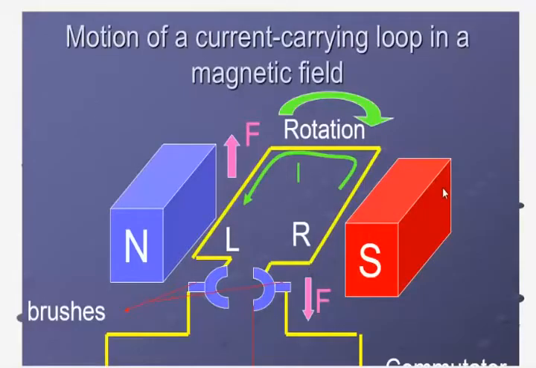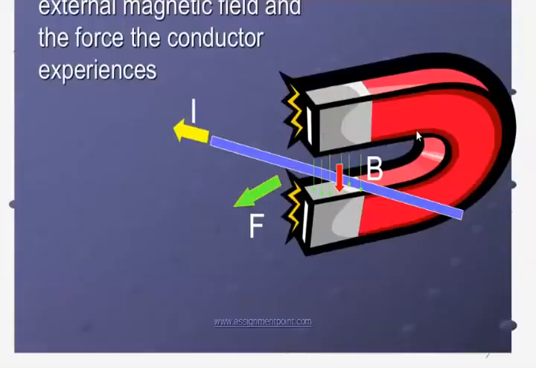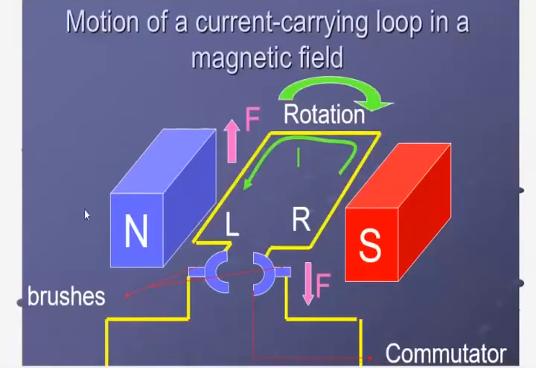Now come to the next point: how an electric motor works. You see here, this is the south pole of a magnet and this is the north pole of a magnet. These two poles will generate a magnetic field in between this region.